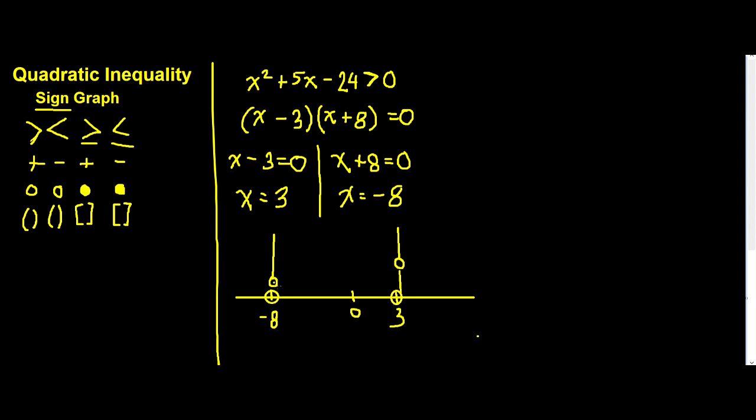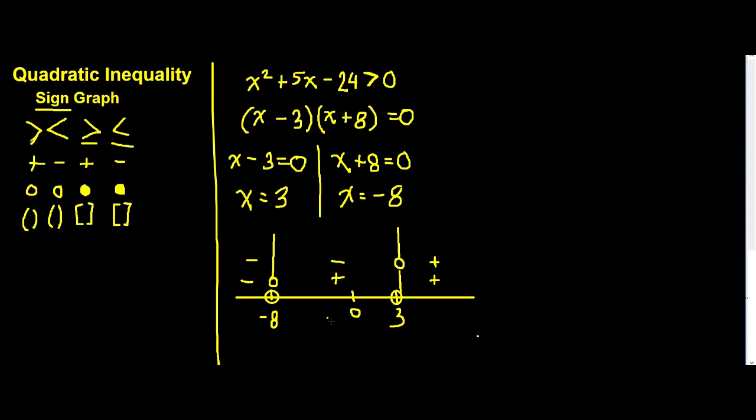Since this is the zero, everything to the right is positive and everything to the left is negative. The same is true here with this zero: to the right is positive, to the left is negative. So you have two layers of signs. Now, the next step is to create another layer for another set of signs.